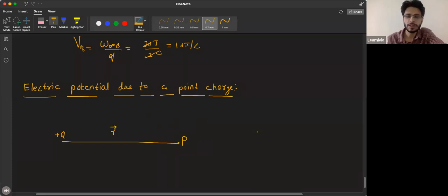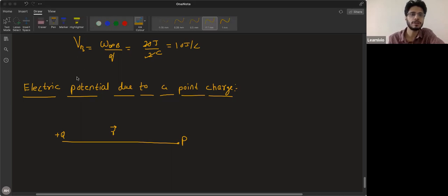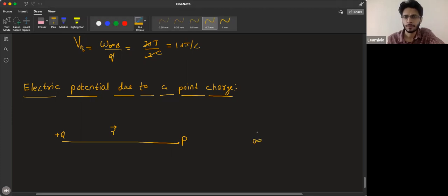To calculate potential at P, we take a test charge at infinity. We need work done to bring this test charge from infinity to the point. So the forces involved are variable forces. So what we do is we take a small path CD.